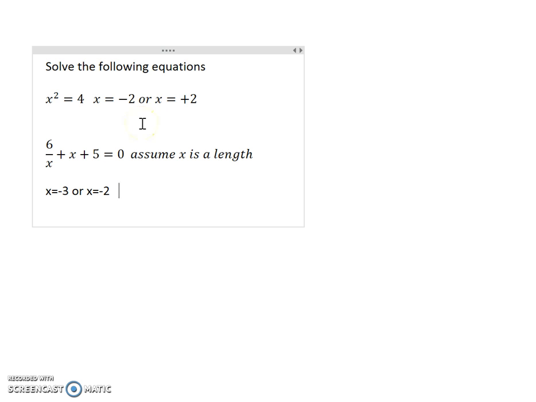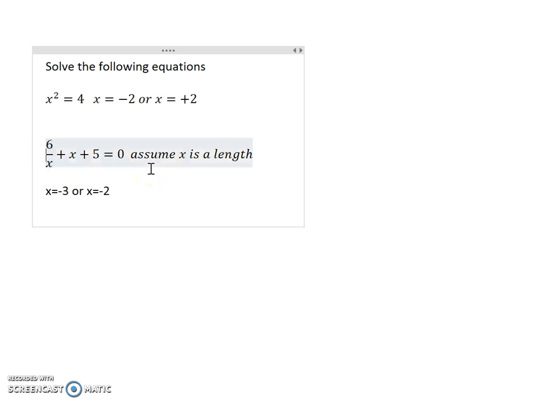Alright. So basically, when we have a squared in our expression, we get these positive or negative values sometimes. And sometimes you need to interpret your CAS output and say, well, it can only be the positive value if it's a length.